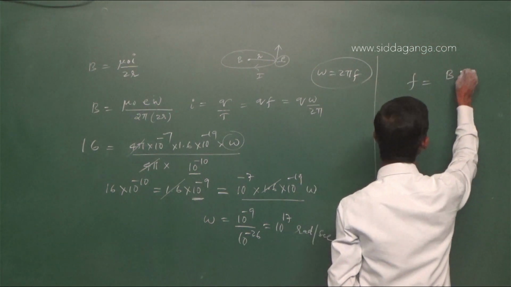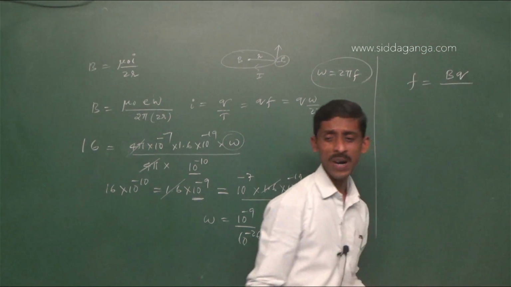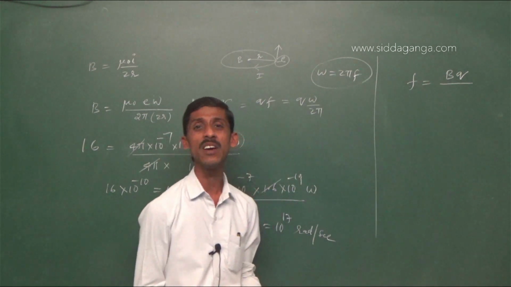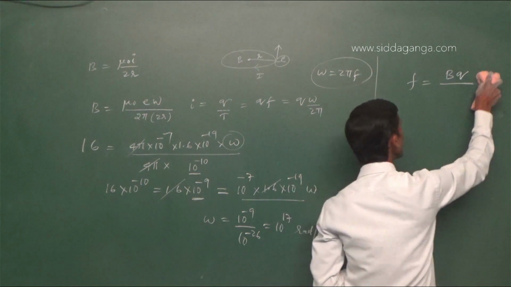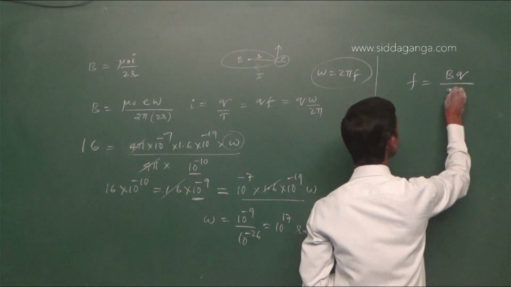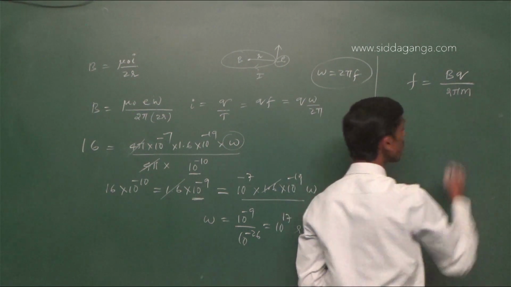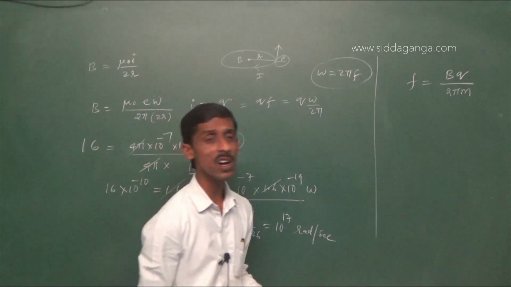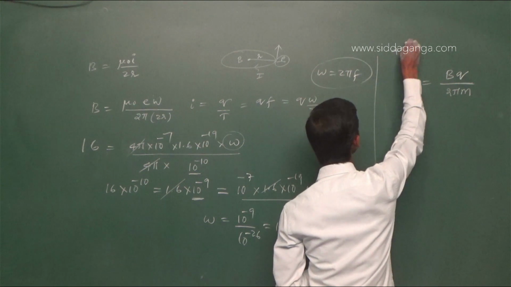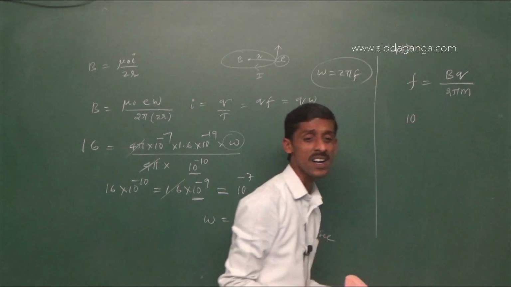In previous questions we have seen, when a charged particle enters a perpendicular magnetic field, while describing the circular path, the frequency formula is BQ divided by 2 pi m. You see the question: frequency of revolution of cyclotron is 10 megahertz.